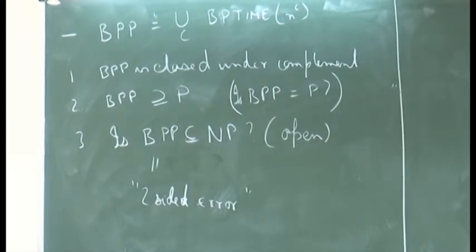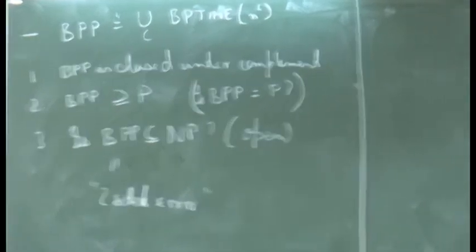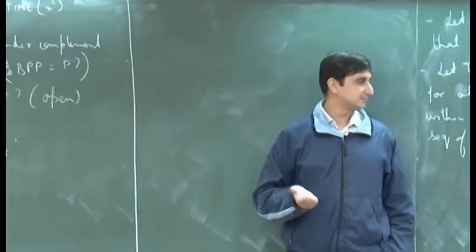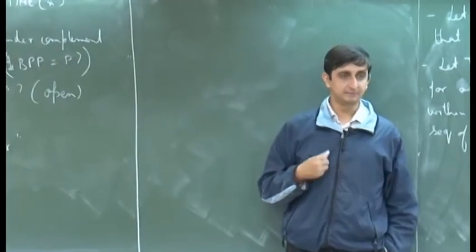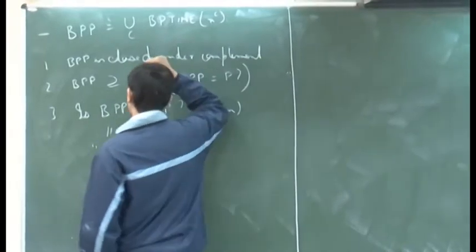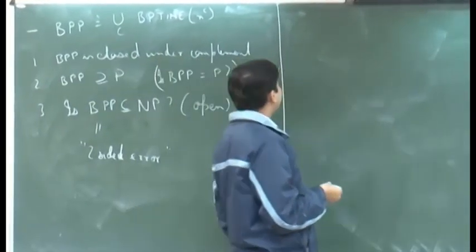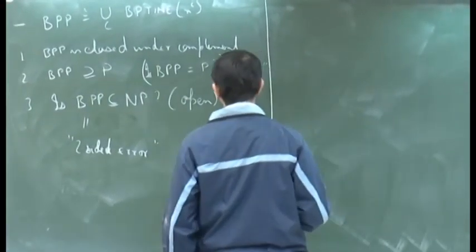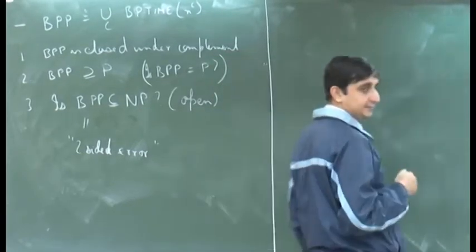For strings that are not in the language, it will never give an erroneous answer, and only for strings that are in the language can it give an erroneous answer with some certain probability. Okay. So, any questions?